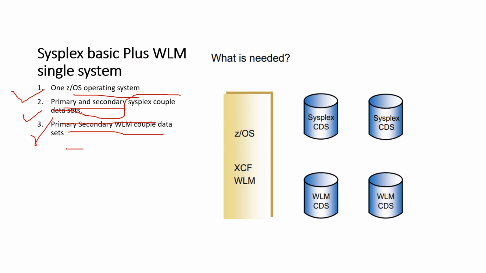In order to get the minimal prerequisite active, an IPL of your system is required. The z/OS system has the components XCF and WLM. Both are automatically started as system address spaces at the IPL.